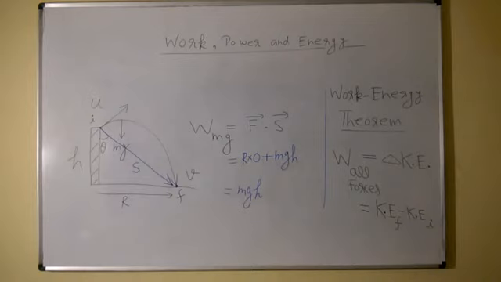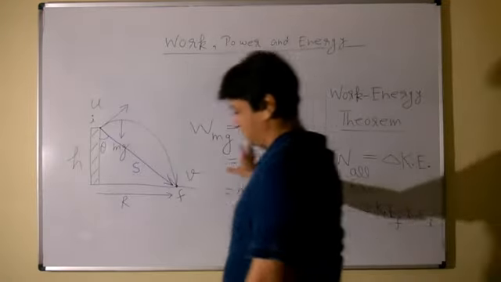And that will show you the beauty of this work and all concept which we are doing. Why we took interest in work energy and all. What was the need of work?